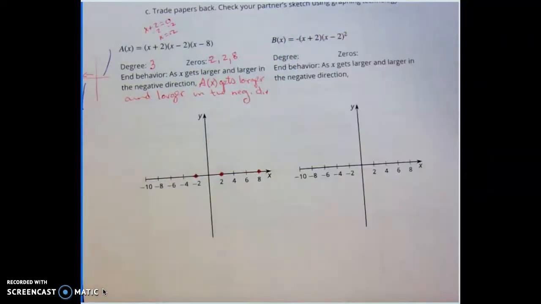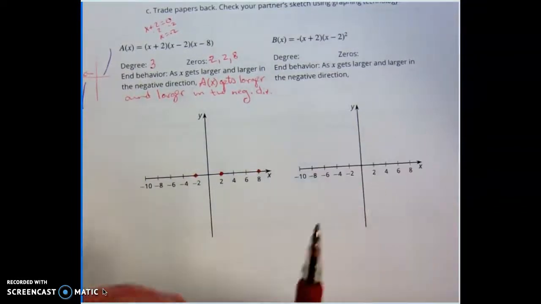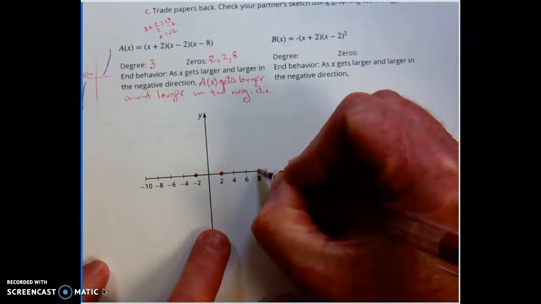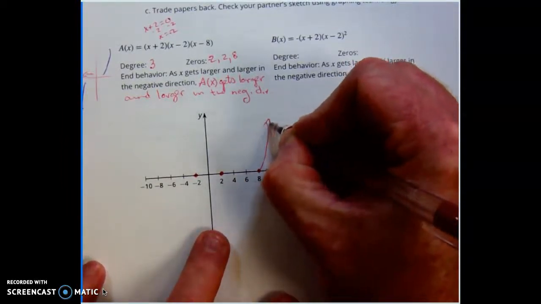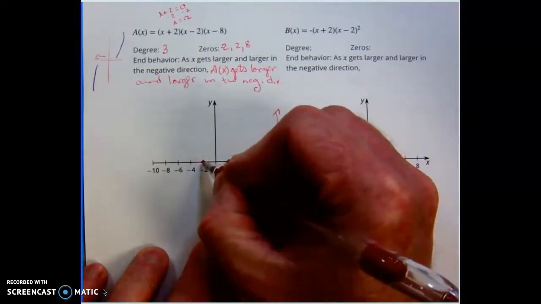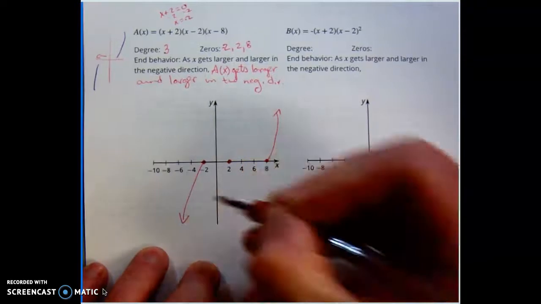I'm going to abbreviate there. So what that tells me is 8 is my 0 that's furthest to the right, so it must go up from there. And this -2 is my 0 from the left, so it must go down from there.